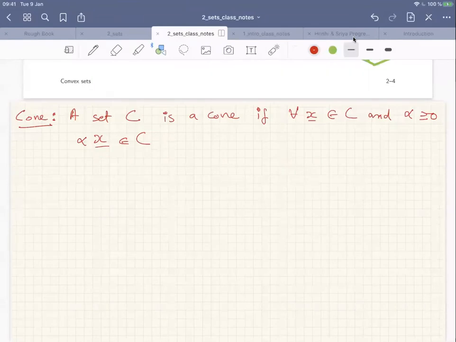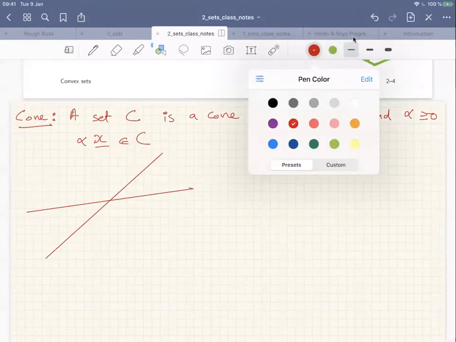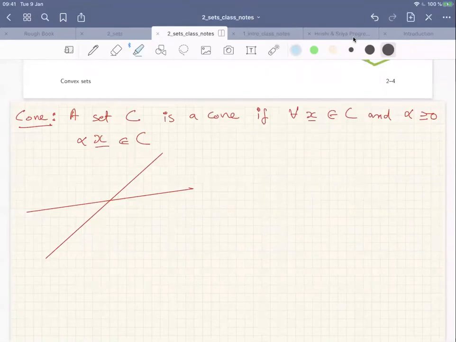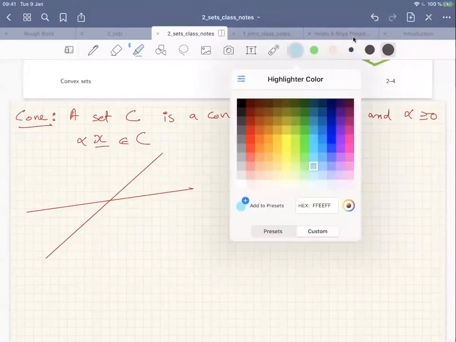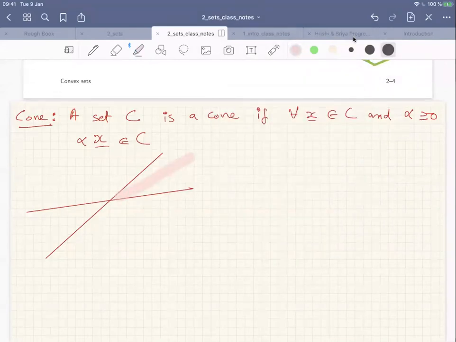Here I'm drawing a cone. So all the region, for example here, this shaded region forms a cone. This extends up to infinity. Why is this a cone?